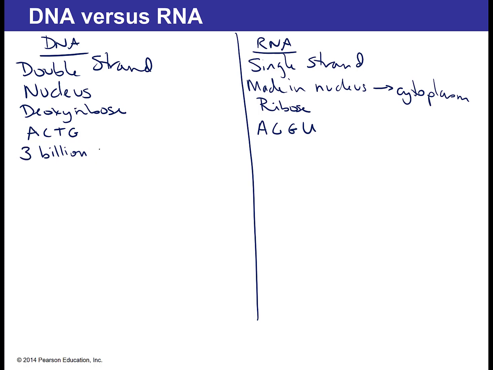A newly formed cell has 3 billion nucleotides. And in humans, it's on 23 pairs of strands. Different animals have different numbers of strands, but humans have 23 pairs. RNA, on the other hand, is much smaller.